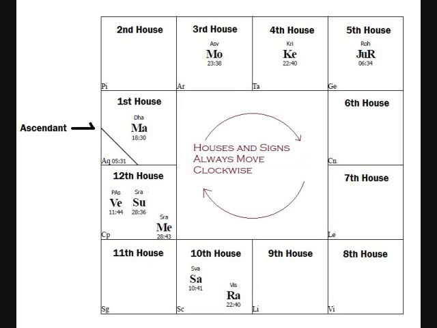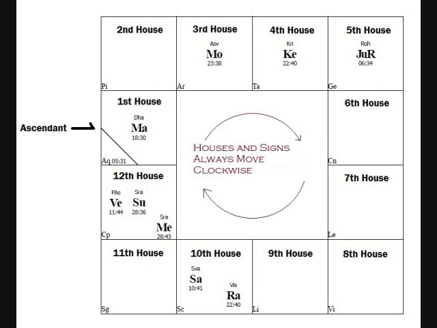Now the abbreviations for the planets, as you'll see, we have MA in the ascendant in the first house of Aquarius in this chart, and MA stands for Mars. The moon is in the third house with the abbreviation MO. K2, or the south node of the moon, is in the fourth house in Taurus. Jupiter is in the fifth house of Gemini, and the R after Jupiter means that it's retrograde.